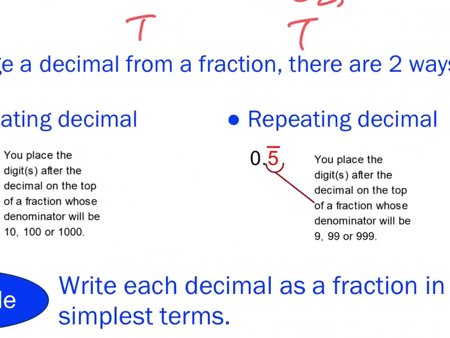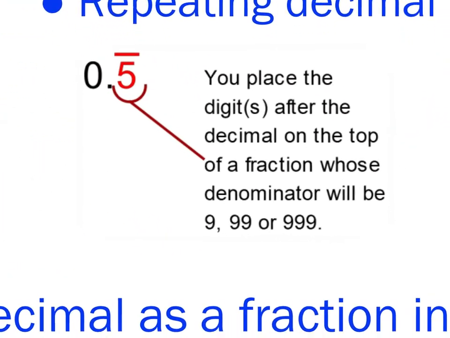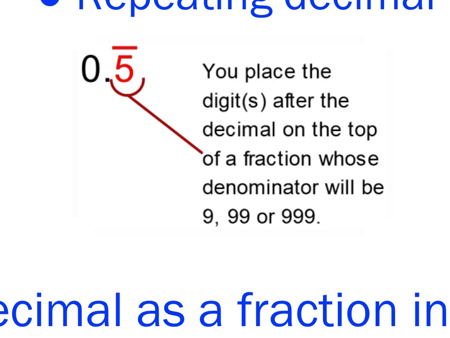Now, if you have a repeating decimal, such as 0.5 repeated, you still use the digit after the decimal, the 5, but the bottom is not going to be 10. Instead, you use either 9, 99, or 999. So here's what you have to ask yourself. Is there 1 repeating number? 2 repeating numbers?